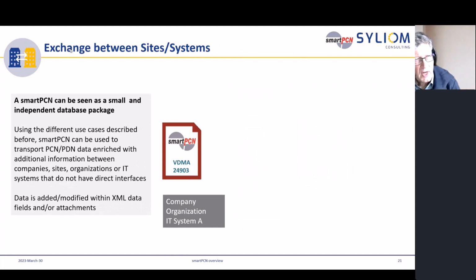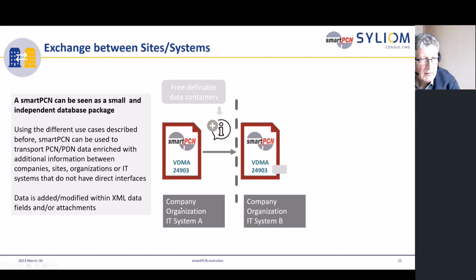Another one is the exchange between sites and systems, because this is a small and independent database package. The possibility you have is to send it from company A to company B. And because you have the freely definable data containers, you can just add additional information in the smartPCN dataset. You are also able to say, well, this is now coming from my company.